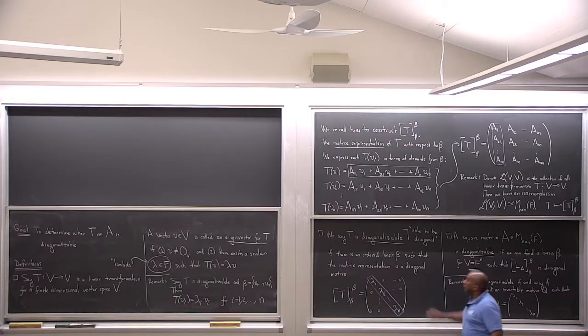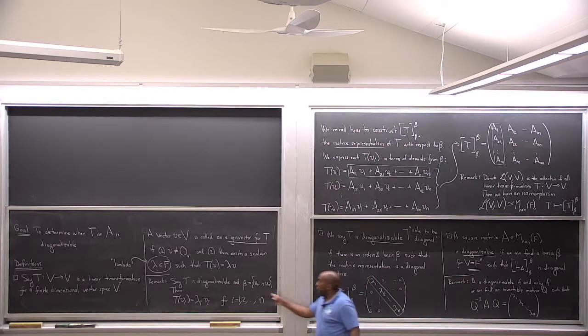So in other words, if T is diagonalizable, then every element in this basis is an eigenvector.